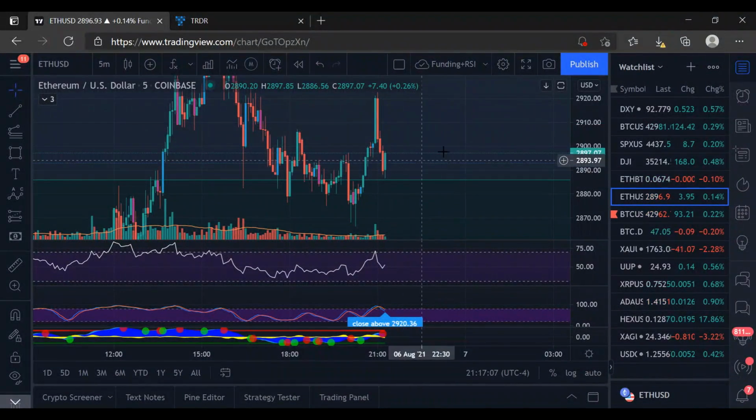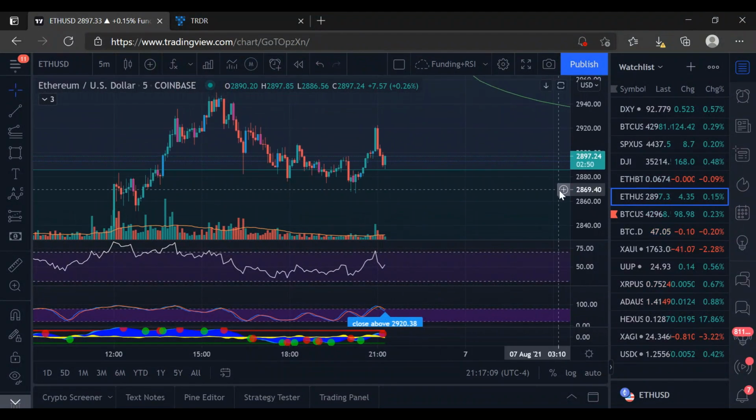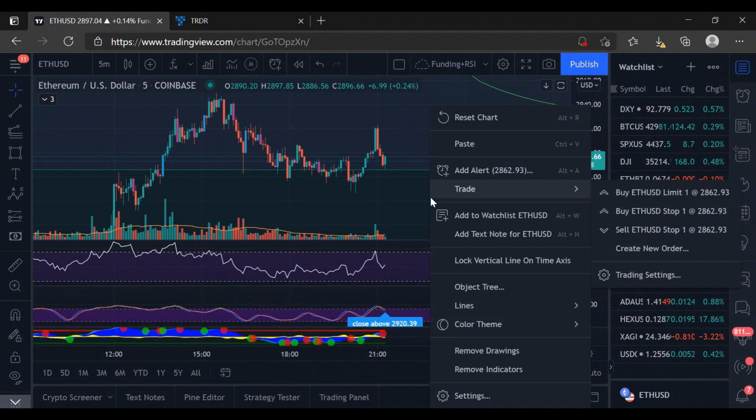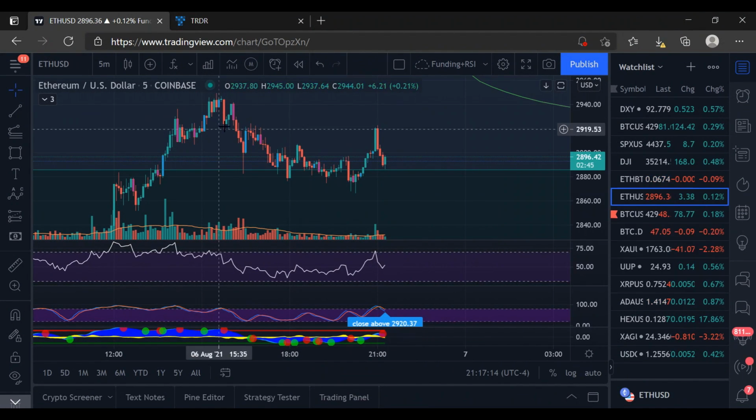So Ethereum already kind of took out its range lows. So that would be an expanded flat right there, ABC. Kind of making this leg to come down there at 28.50.